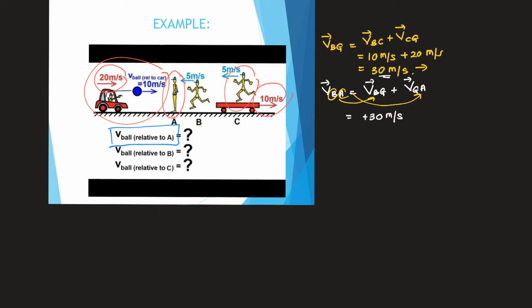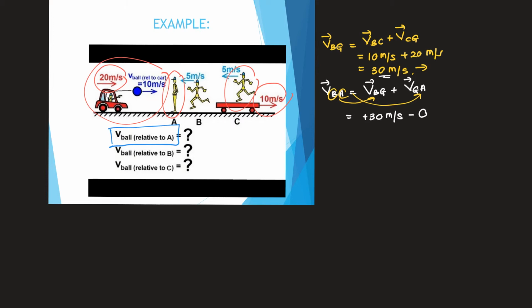Okay, and inside the equations, they give it to you as VGA, which is the velocity of the ground with respect to A. However, the person there doesn't move, so you can actually just put it as a 0. But here it should be -0. Okay, why does it become negative?